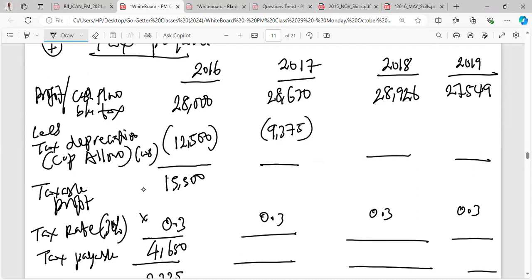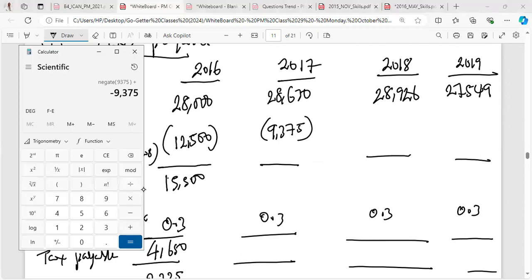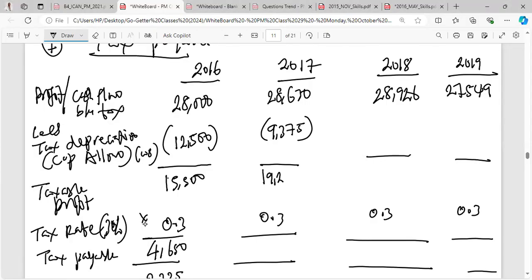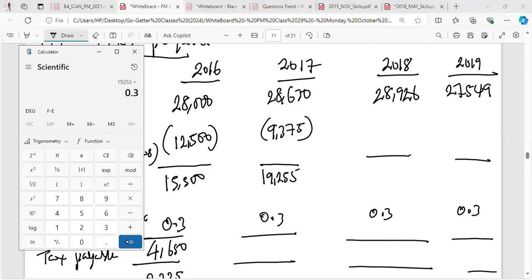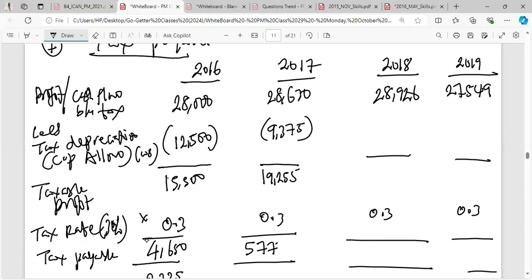Now let's remove it from 28,630. We have 19,255. Multiply that by 0.3. That gives me 5,777.